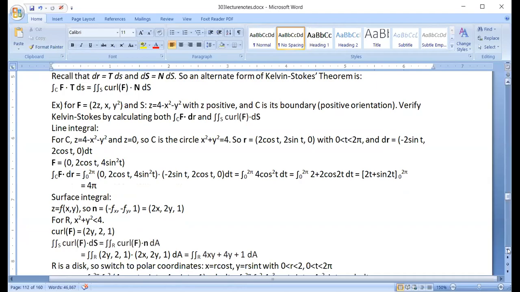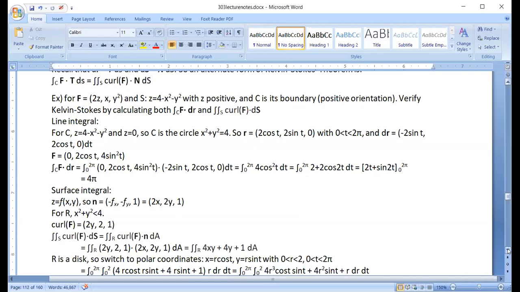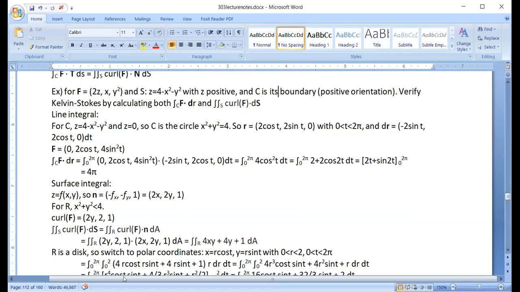So r goes from 0 to 2, and t goes from 0 to 2 pi. And dA becomes r dr dt. So making those substitutions gives you this integral right here.